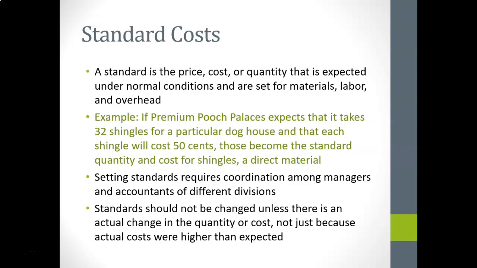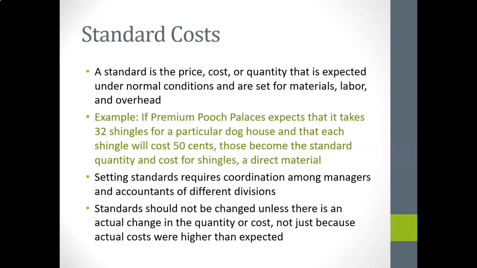So in other words, if we expect the shingles to be 50 cents, we've done a bunch of research, and that's what they should be next year. When we're making our budget this fall or this summer for next year, we truly have researched and expect the shingles to be 50 cents.